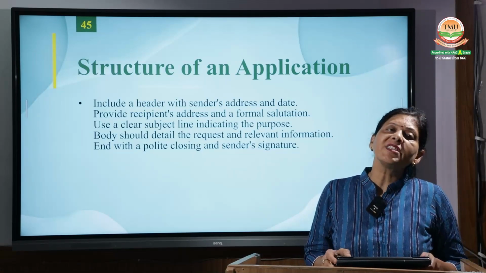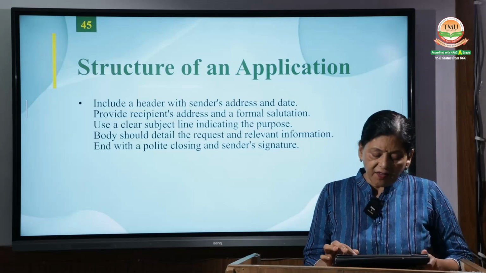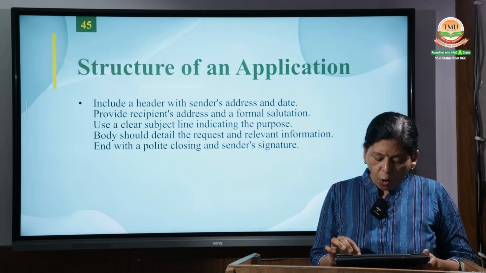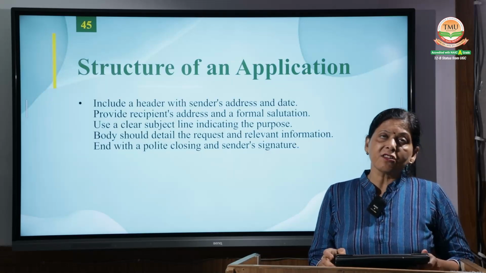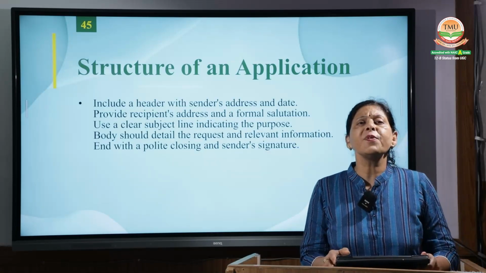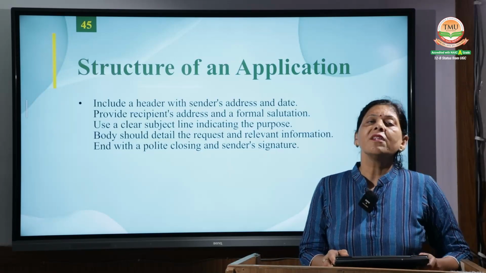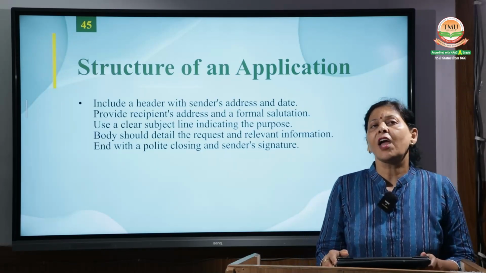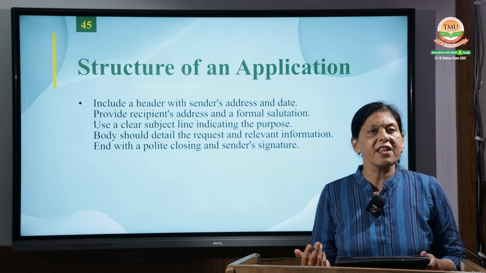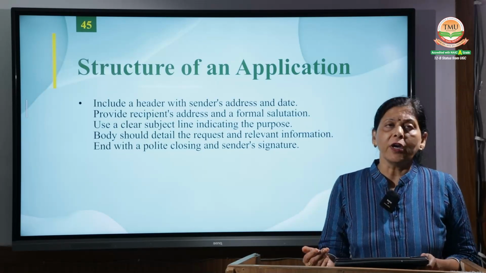The body is also the same: we have the first paragraph, the second paragraph, and then the third paragraph. Then we have the sender's address, date, recipient's address, then the body of the application, the complimentary close, and then the signature block. It is a form of formal letter only.